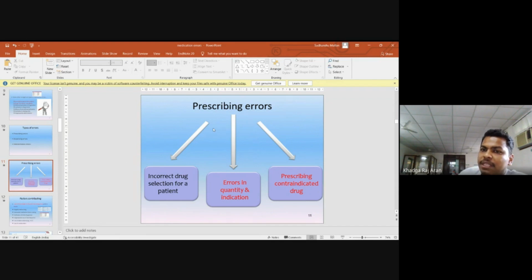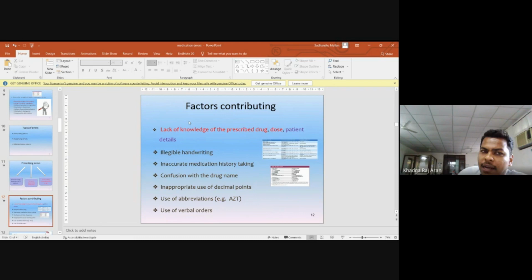There are some factors involved in prescribing errors, like lack of knowledge of the prescribed medicines, prescribed dose, and patient details.